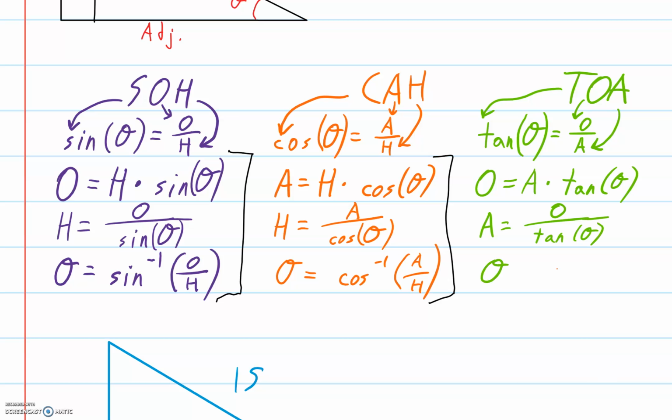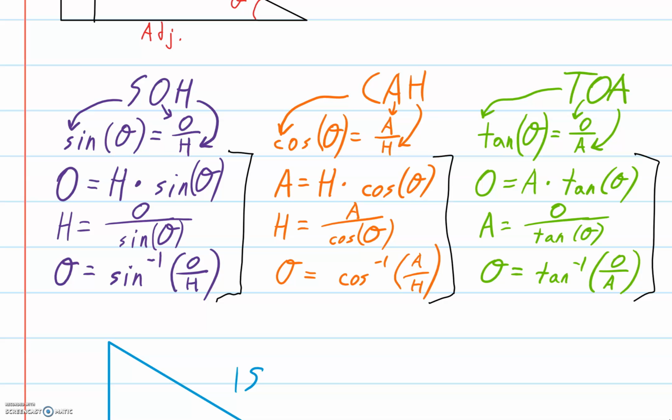And finally, theta equals tan to the negative 1 of opposite over adjacent. So sine is opposite over hypotenuse, cos is adjacent over hypotenuse, and tan is opposite over adjacent. Those three equations are what you need for all the different options for sine, cos, and tan, and they're all based off this helpful acronym, Sohcahtoa.